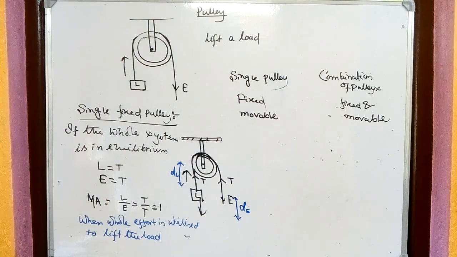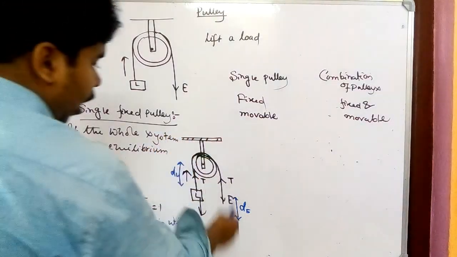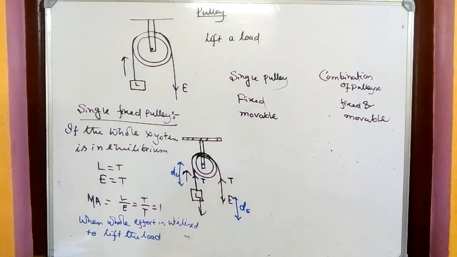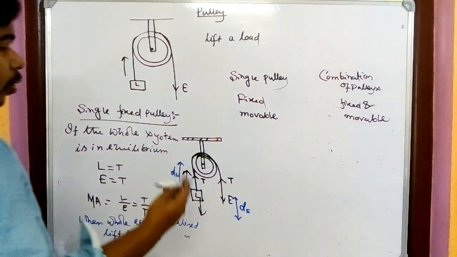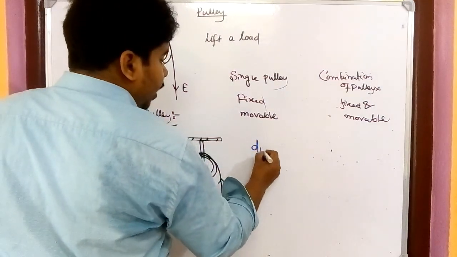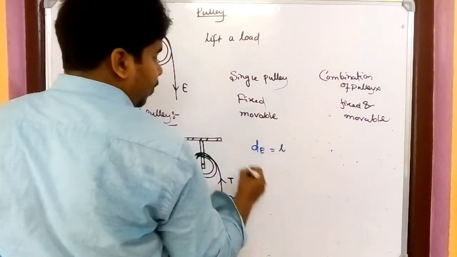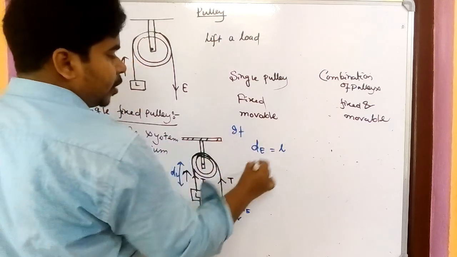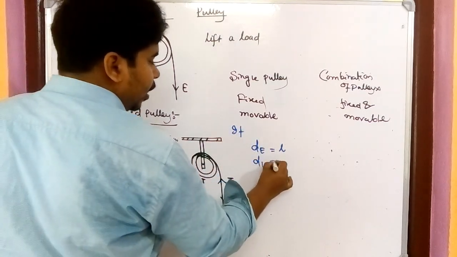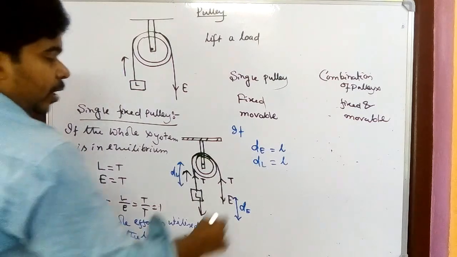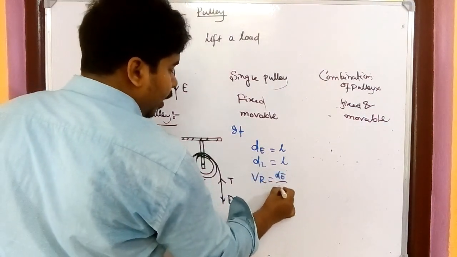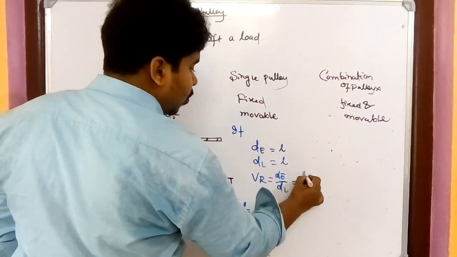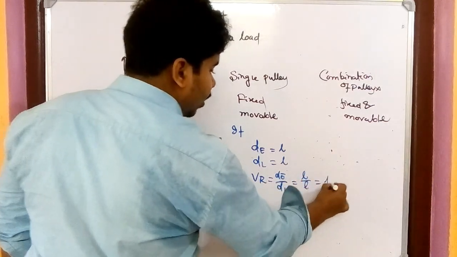So how much string comes downward due to the effort, that much string goes upward due to the load. So if dE is equal to l, then dL is also l. Then the velocity ratio dE by dL equals small l by small l, equals 1.